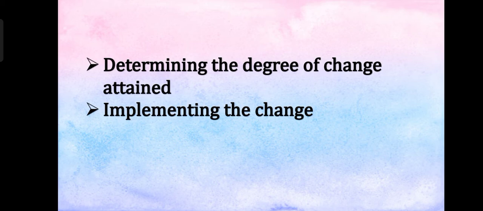Once the organization development interventions have been identified and the degree of change have been determined, change is now executed. So a monitoring system is simultaneously put into place in order to monitor if the change can help the organization, or whether it will have any positive impact on the organization.